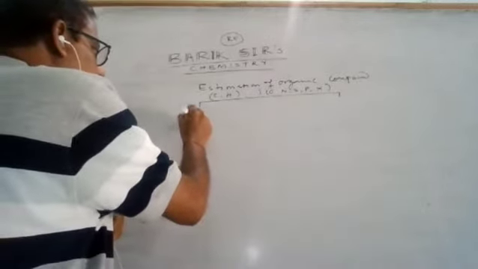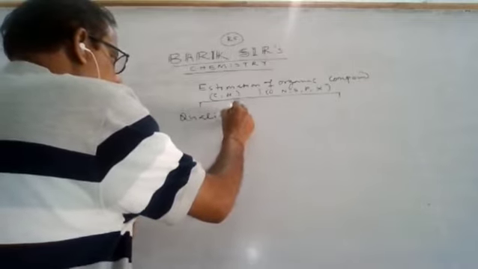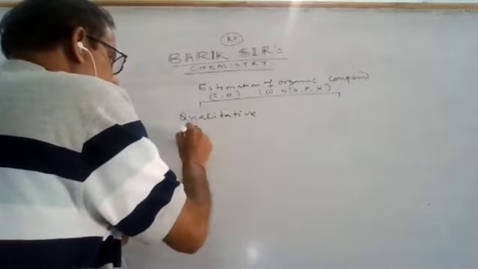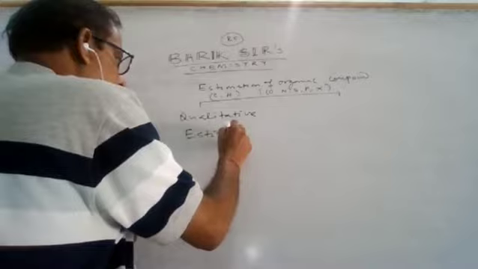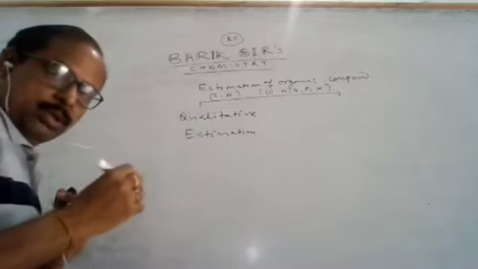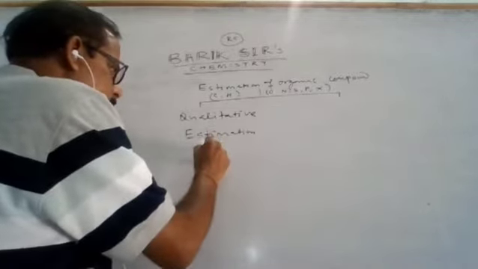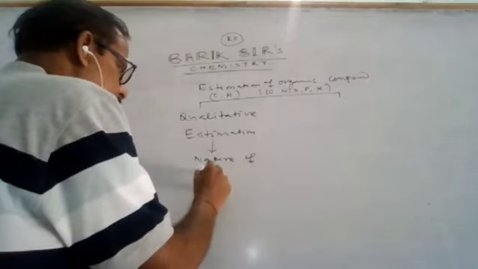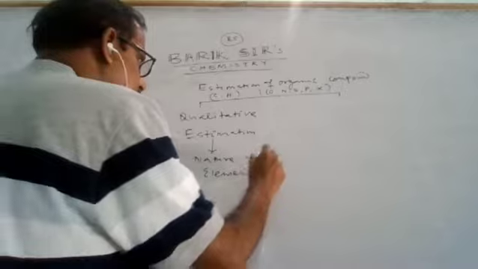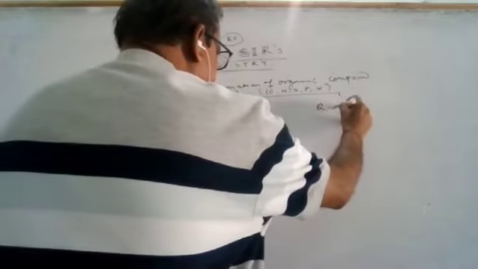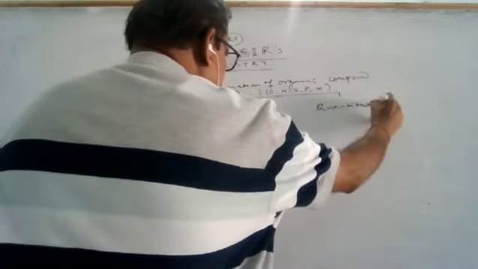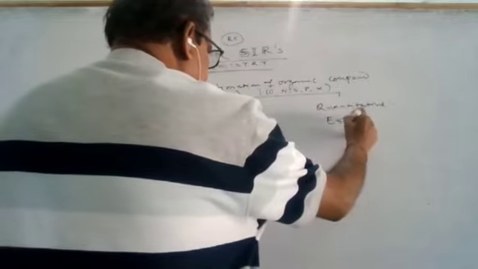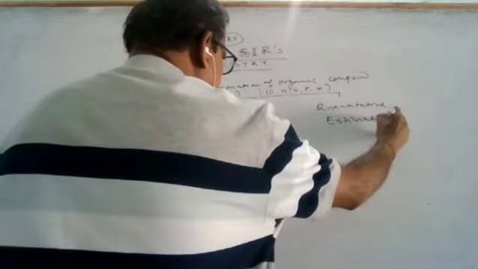So one is the qualitative estimation. In qualitative estimation, we can know the nature of elements, what type of elements are present in it. And the other one is the quantitative estimation.